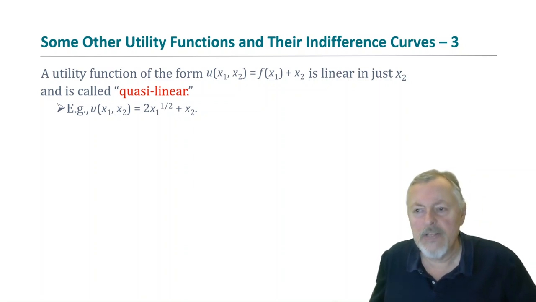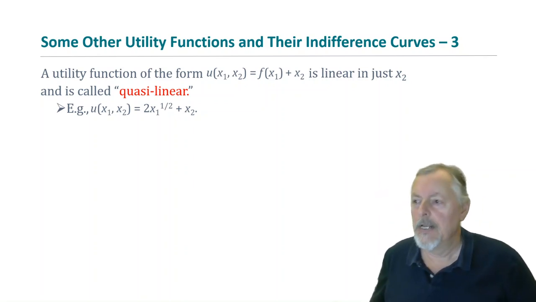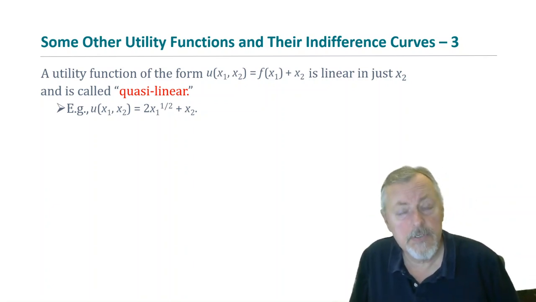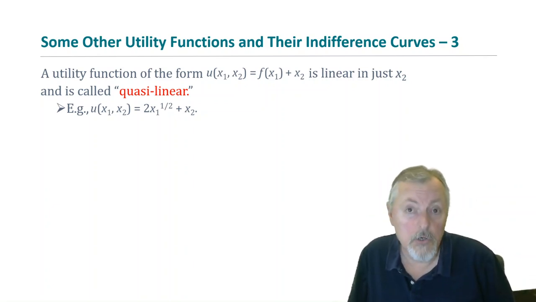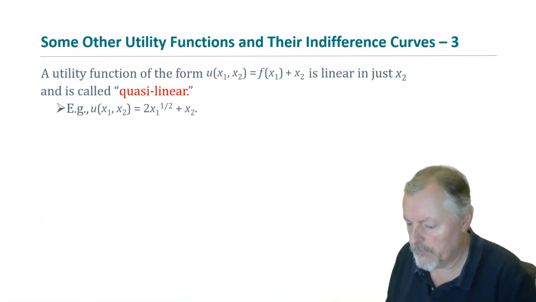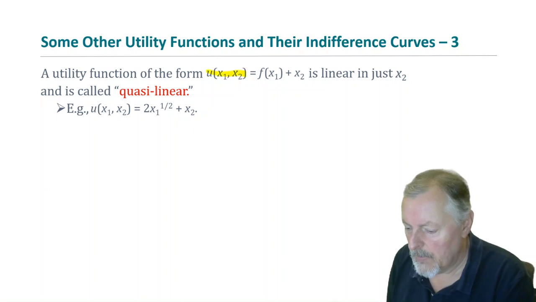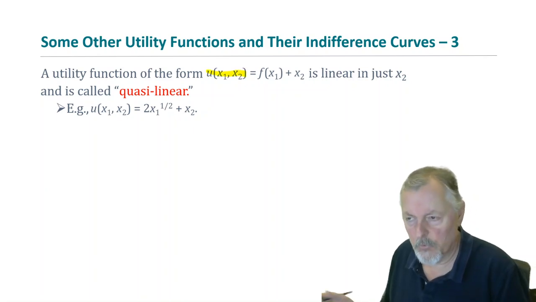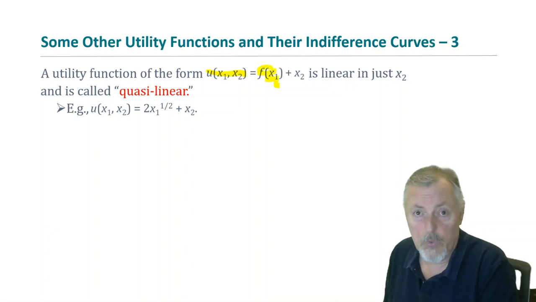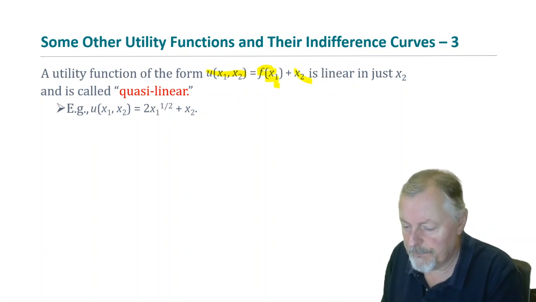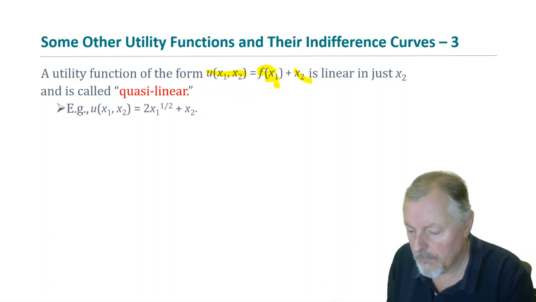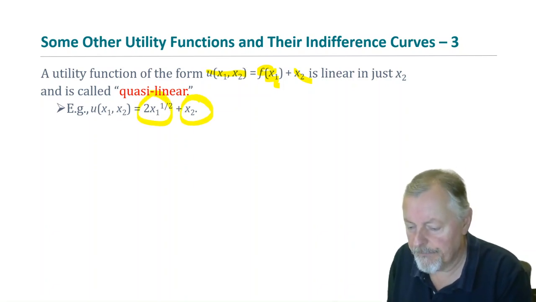Okay, quasi-linear utility functions. A quasi-linear utility function, all it means is that utility is linear in one of the terms. For example, utility of our old friend commodities x1, x2 is some function of x1 plus x2. It's linear in x2. Here's an example of that.